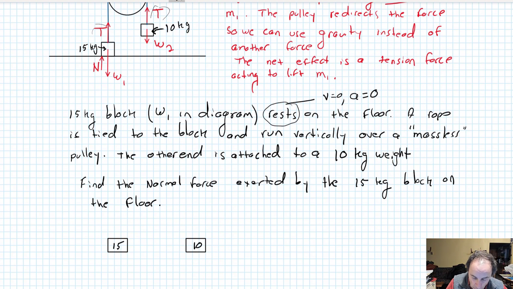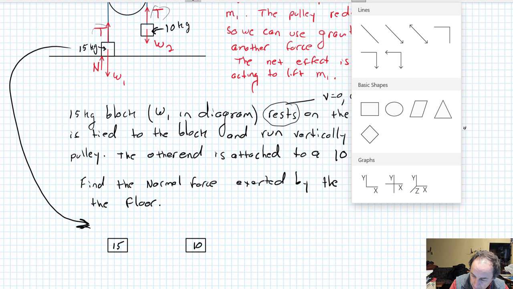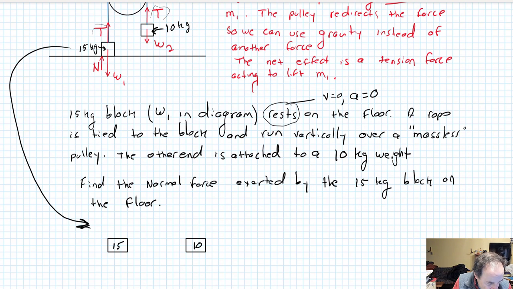Okay, so what I'm doing is I'm taking this and I'm turning it on its side. All right, I'm turning that diagram on its side. You'll see why in a second. So if I turn it on its side, I have W1 equals M1G pointing this way. All right, I flipped it 90 degrees.